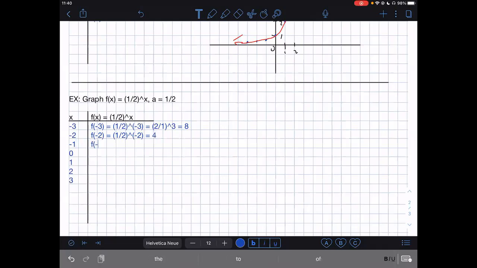All right, then f at -1, 1/2 raised to the -1 power gives us 2. And then f at 0, again, anything raised to the 0 power is just 1. And then f at 1, 1/2 raised to the first power is just 1/2.